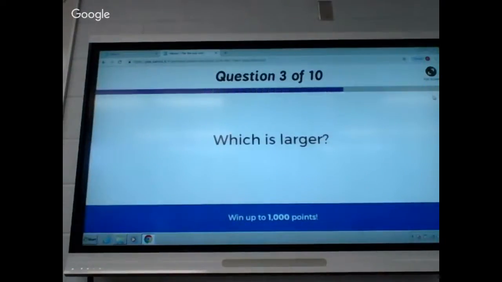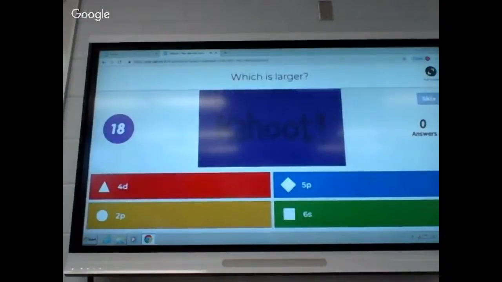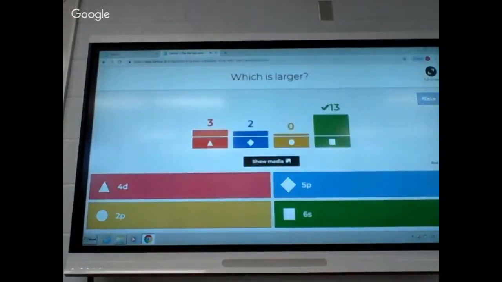Which tells size, the number or the sublevel? The number. So the 6 told you it was bigger.